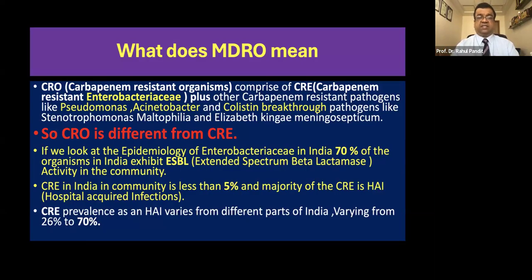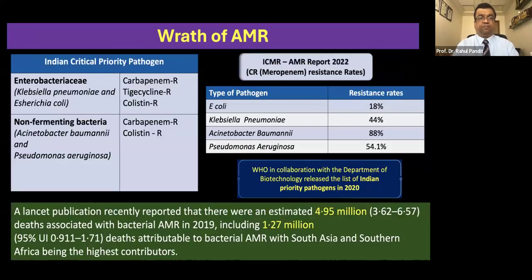The good thing is that CRE is only 5% or less in our country when it comes from the community. However, the majority of CRE is seen in hospital-acquired infection, and various studies have shown a prevalence between 26% to 70%. So that's a big problem for us as far as hospital-acquired infections go.